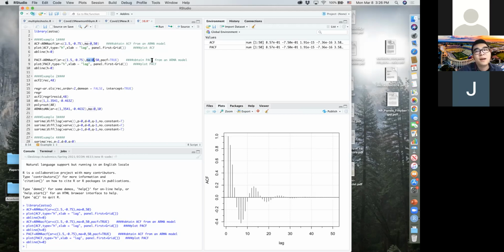For the ARMA model, you won't find any cutoff points from the ACF and PACF plots, but you will find the ACF and PACF decrease to 0. It tails off. You can try to change the coefficients of this code and see how the ACF and PACF change. Any questions?